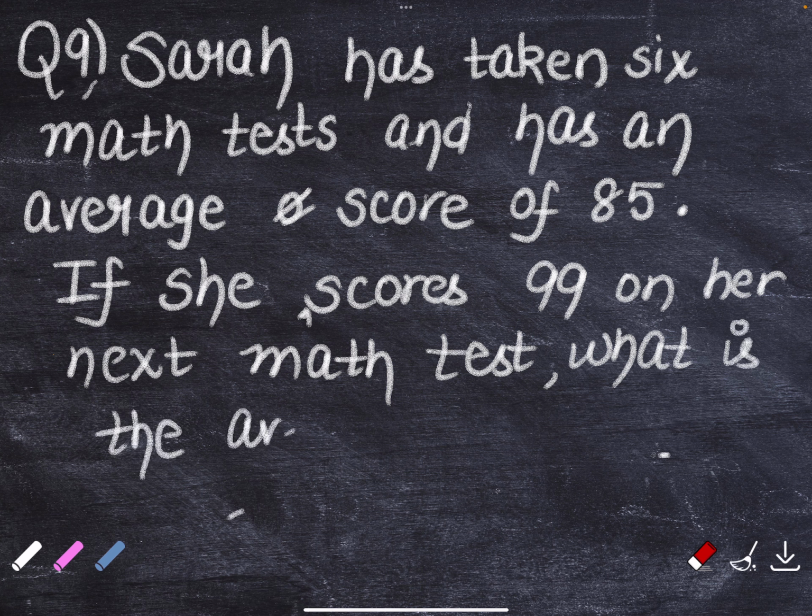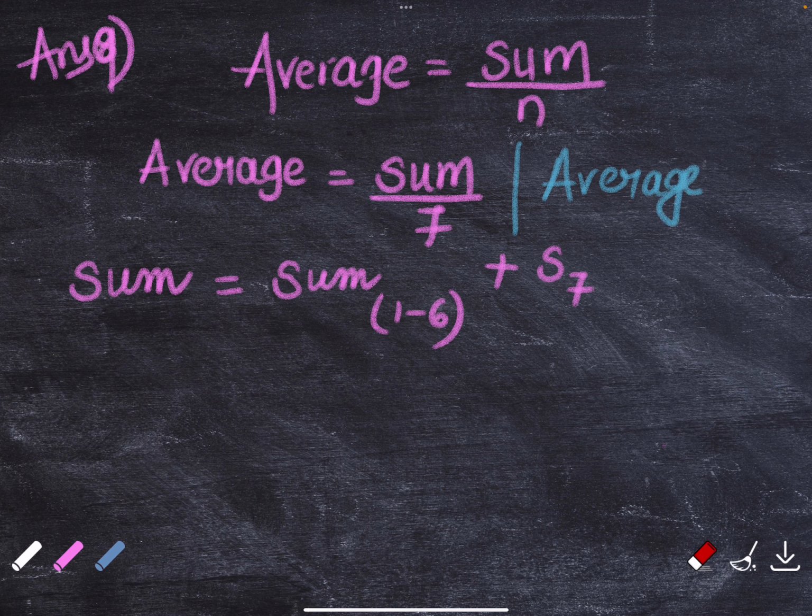So for the sum, can I say that her sum can be the sum of the tests from 1 through 6 tests that she takes, and then the 7th test that she takes in the end that was provided to us. Now from here, can I say that average multiplied by 6 will give me the sum of the 6 tests? Because this number goes up there, gets multiplied on both the sides. If I multiply it by n, then n times average gives me the sum of the tests.